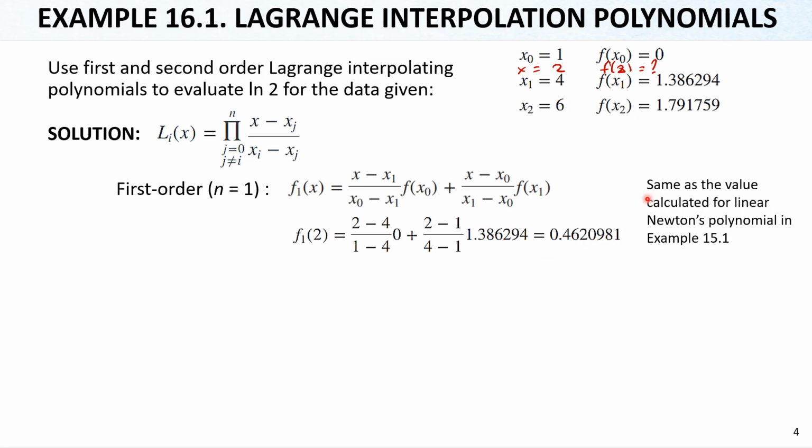And this is the same value that we calculated for linear Newton's polynomial in example 15.1. You can go back to chapter 15 and example 15.1 to compare the results. So basically the Lagrange polynomial is just an alternative solution, but it gives the same result as Newton's polynomial if the orders are the same.